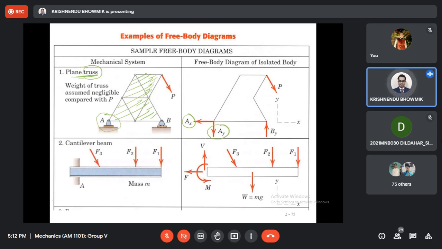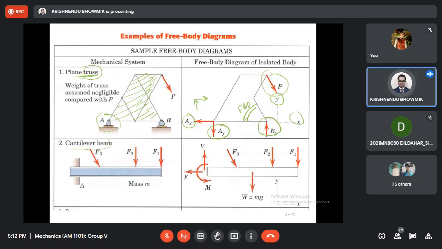You want to replace the roller, you should have one reaction. And this is the force you have applied. So you show this, and this x-axis, y-axis. This is the complete free body diagram of your problem. Now, instead of this direction and this direction, somebody may consider this and this. No issue. After solution, you might have some negative value that can be resolved.